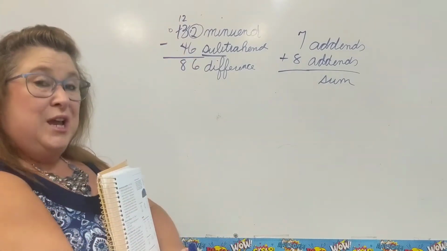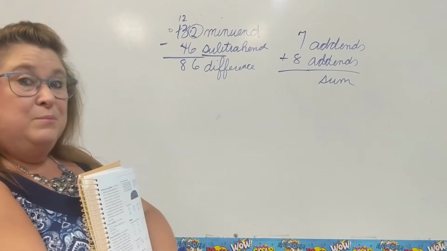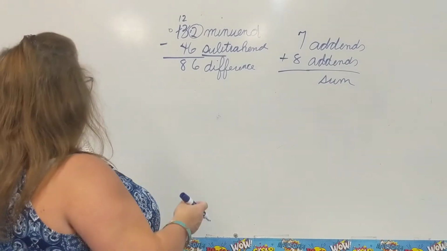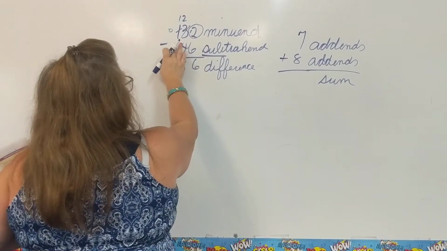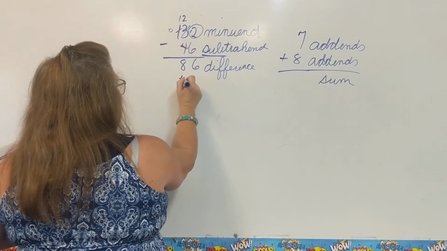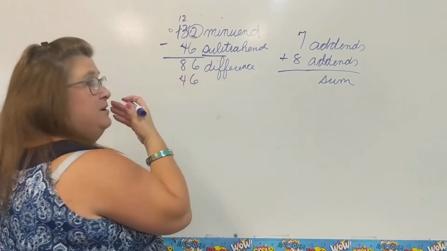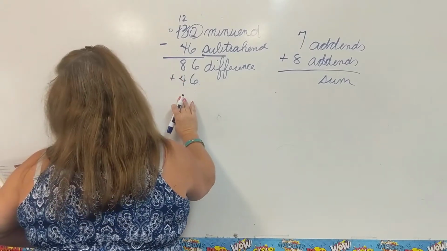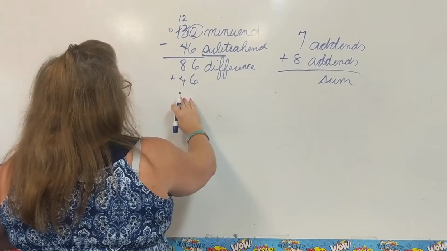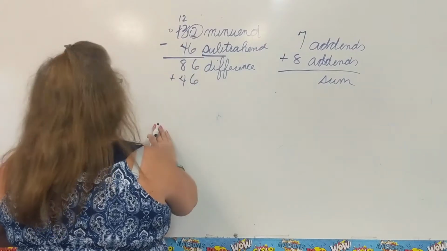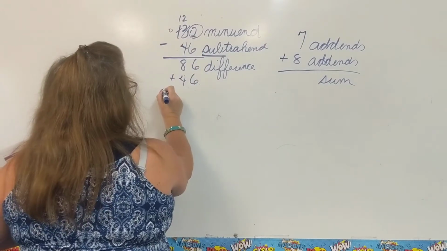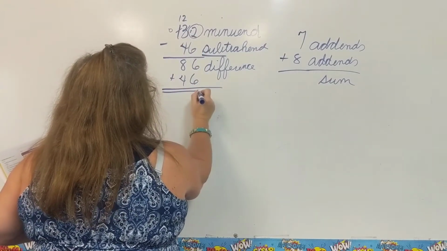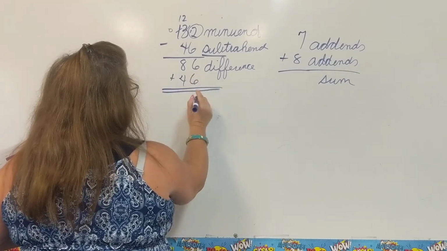Now if we want to check the answer to that subtraction problem, we take our subtrahend, 46, and turn it into an addend. We add it to 86, and it should equal 132. We put a double line right here. 6 plus 6 is 12.